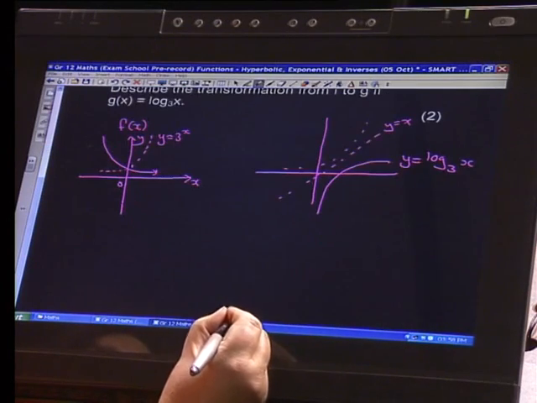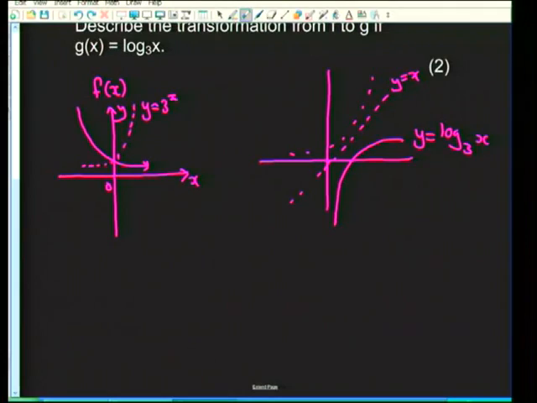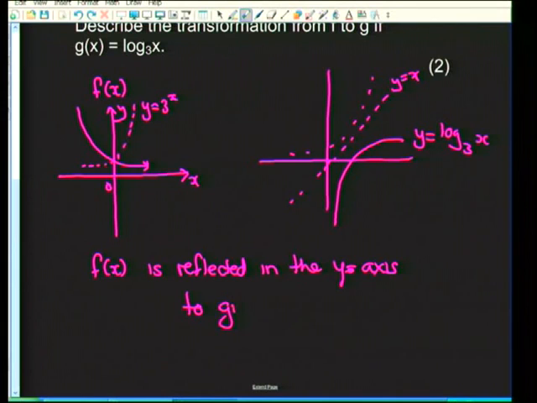So let's describe the transformation. So what we're saying is f of x is reflected in the y-axis, to give us, let's call it g of x. No, that g of x is what we've got there, so let's call it h of x.